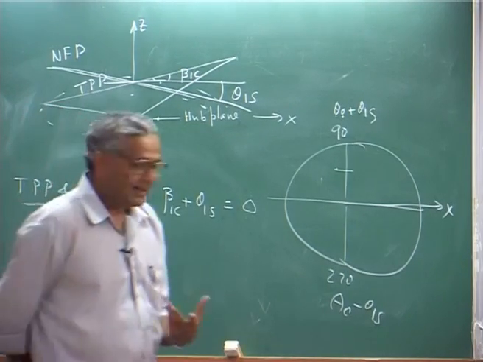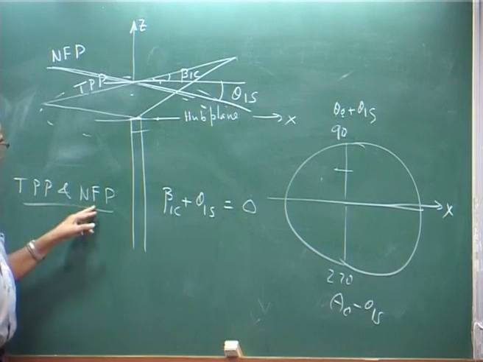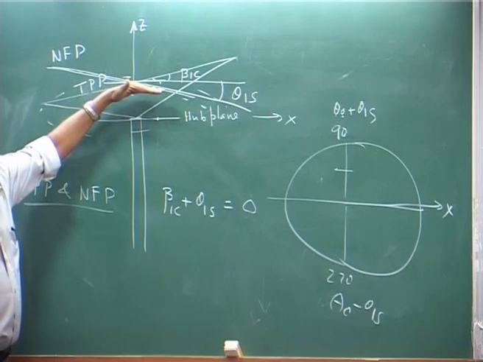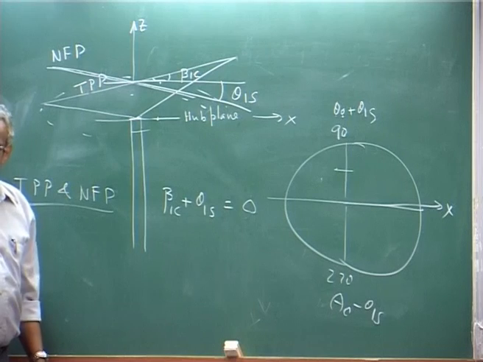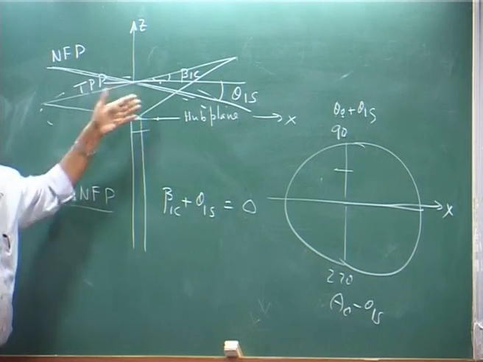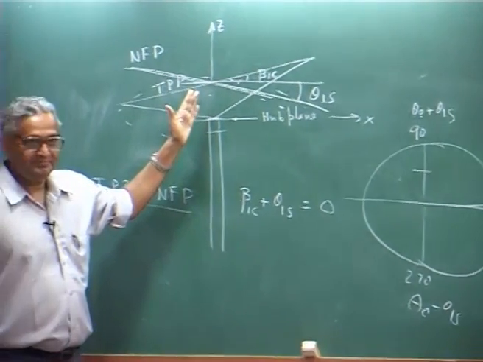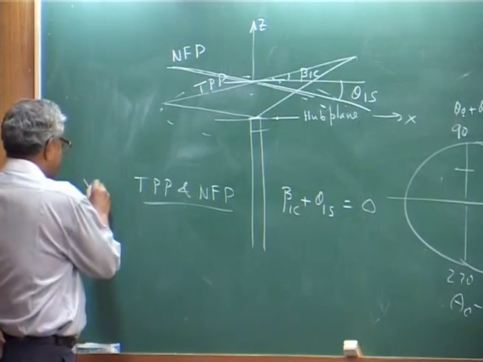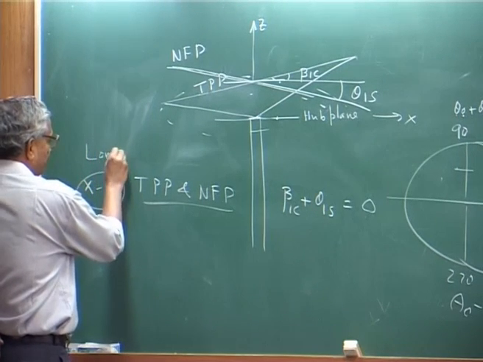And if you look at the other, this is tip path plane and no feathering plane in longitudinal direction, because you are looking at x and z. If you look at the tip path plane, no feathering plane in the y z, okay, you will get the opposite in the y z. This is x z plane, that is longitudinal plane. Okay.